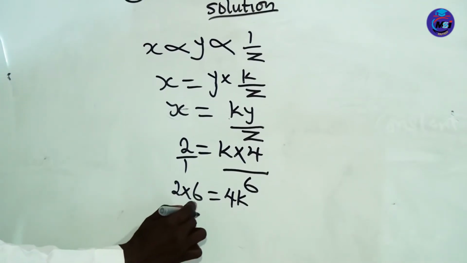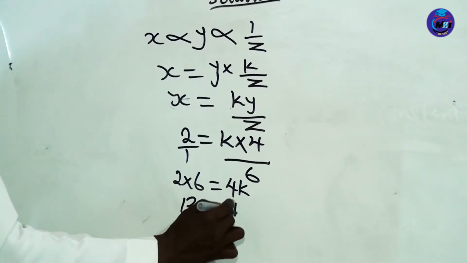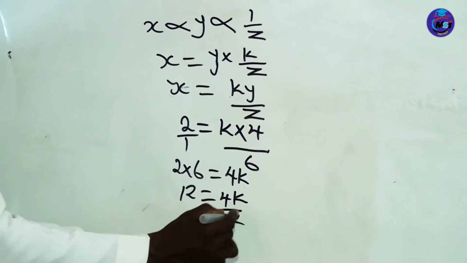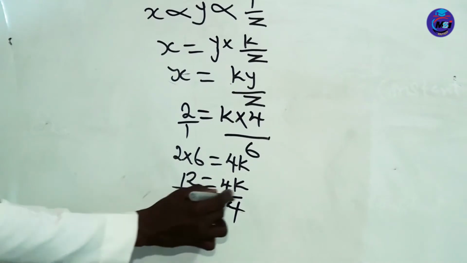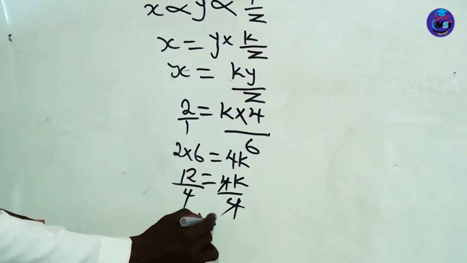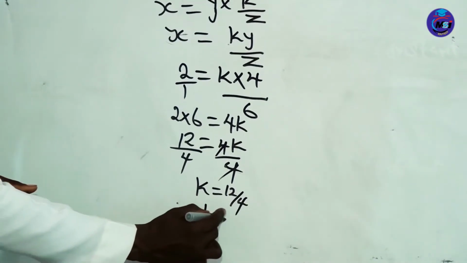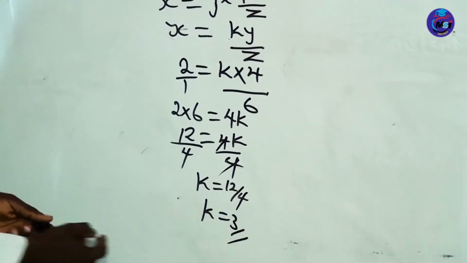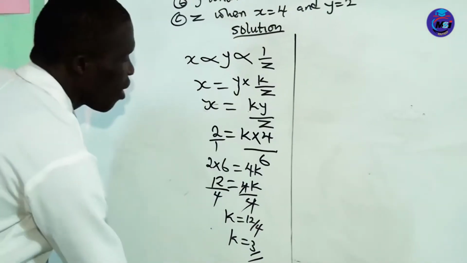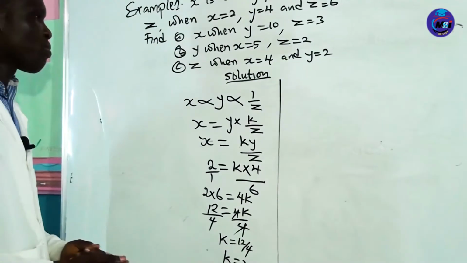So this will give us 12 equals 4K. Divide this by 4, divide this by 4. 4 will cancel 4. K will give us 12 all over 4, and K will give you what? 3. Okay, now we have K to be 3.